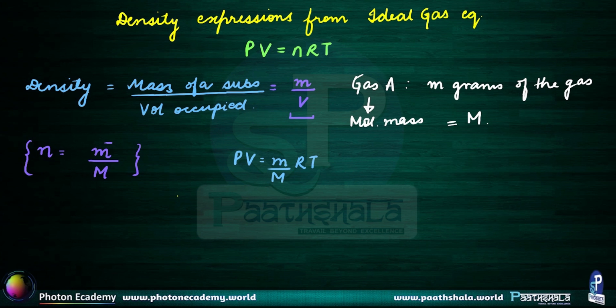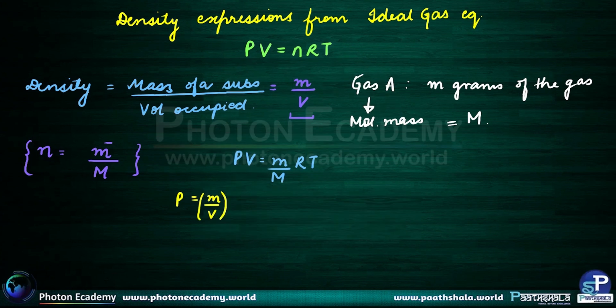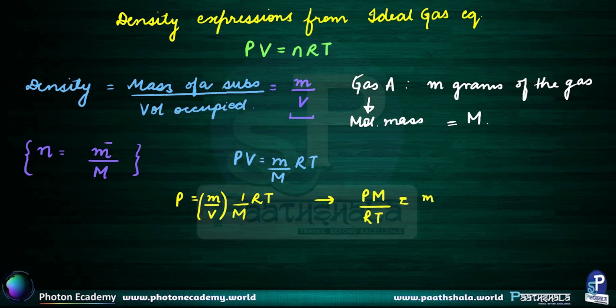This can be written as P = (m/V)(1/M)RT. And let's shift the other things to the other side. This would give PM/RT = the mass divided by the volume, and that is equal to the density, right? Let's call it rho or d, however you're comfortable.